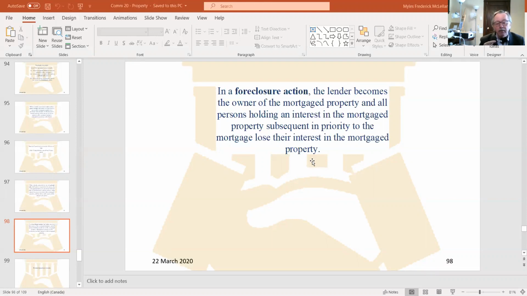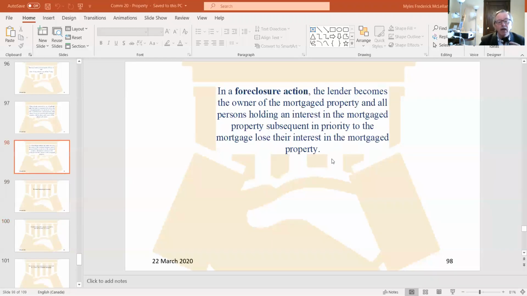And if you have any interest in protecting your interest, as a second mortgagee or a lien holder, you have the right to pay me off. But if you're not going to pay me off, as in replace me in my position as a first mortgagee, then I'm going to eliminate your right as a second mortgagee or a lien holder. Right?